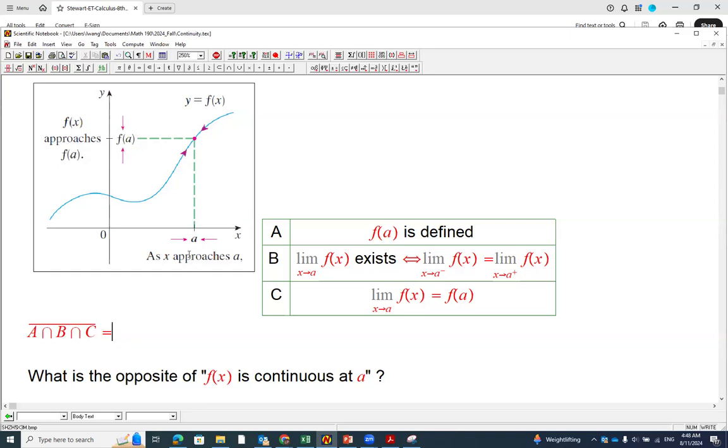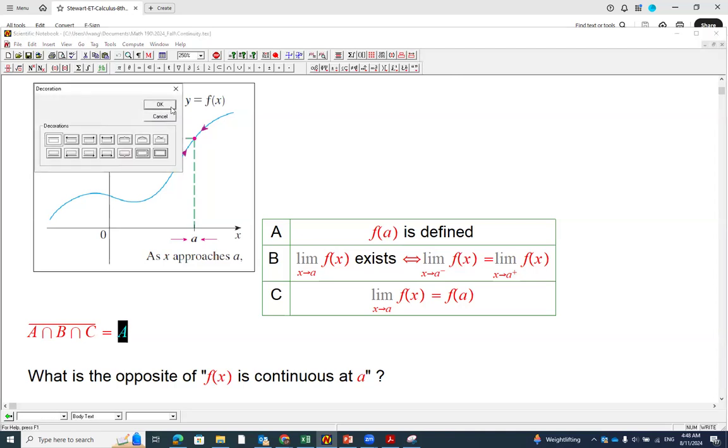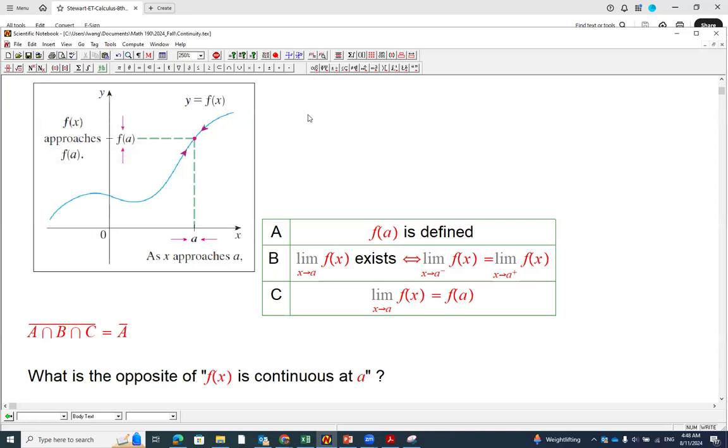But that equals not A or not B. Okay, listen carefully to the words I use.